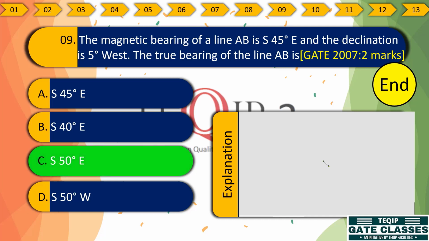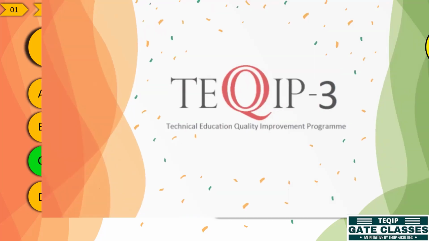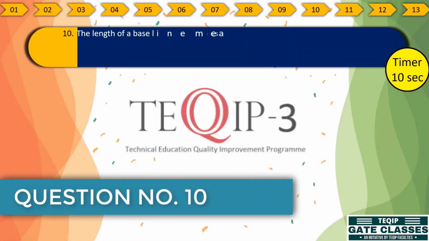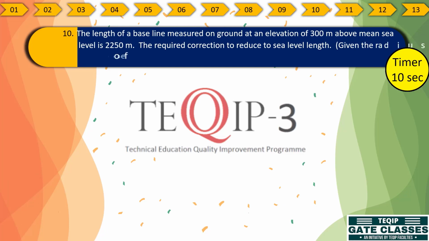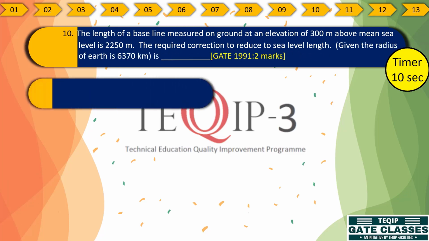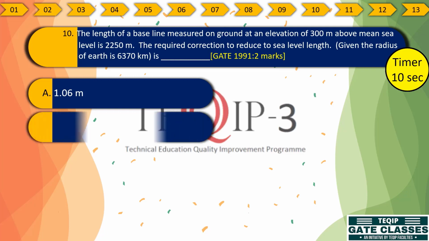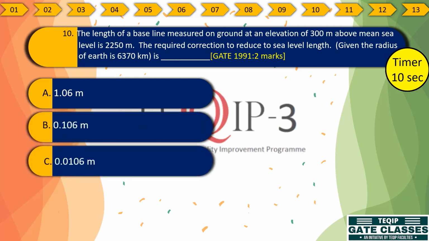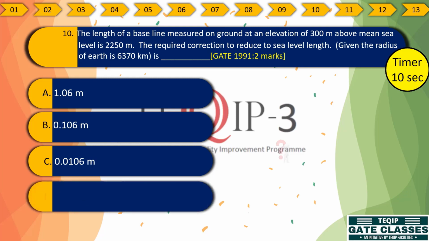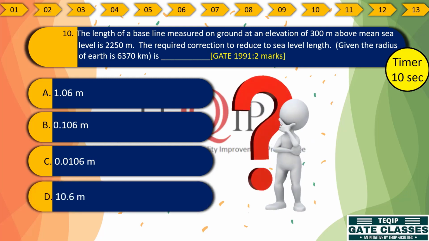So let's move to question number 10. The length of a baseline measured on the ground at an elevation of 300 meters above mean sea level is 2250 meters. The required correction to reduce to sea level length, the radius of the earth is given as 6370 kilometer.